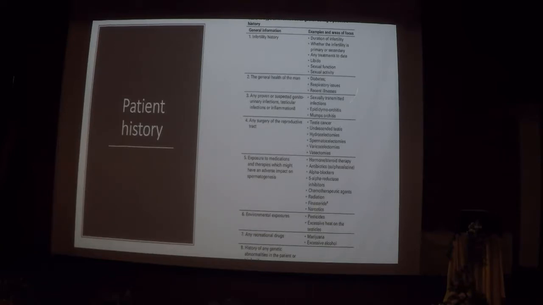You look at the patient as a whole for any problems like diabetes or respiratory issues. Why respiratory issues here? It's not very common here in Malaysia, in our population, but cystic fibrosis is commoner in Caucasians.